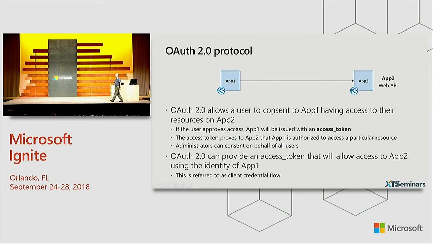And what happens is we want App 1 to access App 2 using the user's identity, but with a limited set of permissions. So what we get is an access token, and in that access token will be permissions that the user has consented to. And that token arrives at application number 2.